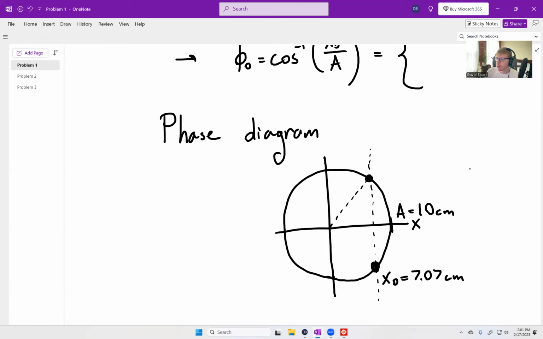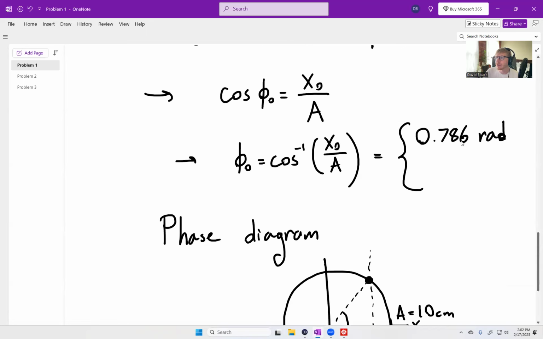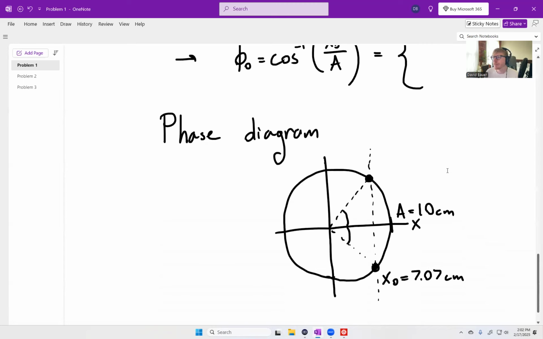And the 2 points we can have are either here at about 45 degrees or down here at minus 45 degrees. Okay. When we take the inverse cosine, they're always going to be opposite angles. So if one is positive 45, the other one will be negative 45, right? Or in radians, minus 0.786 radians.